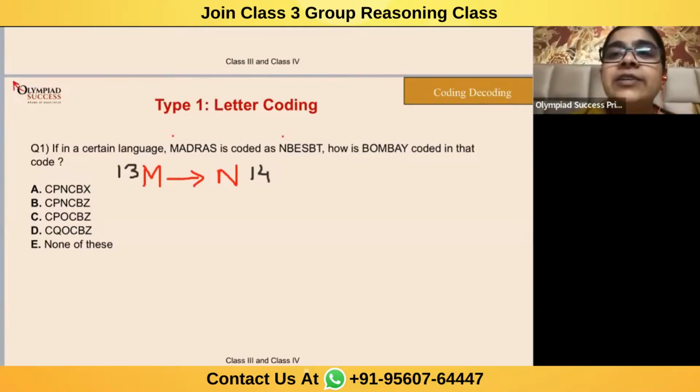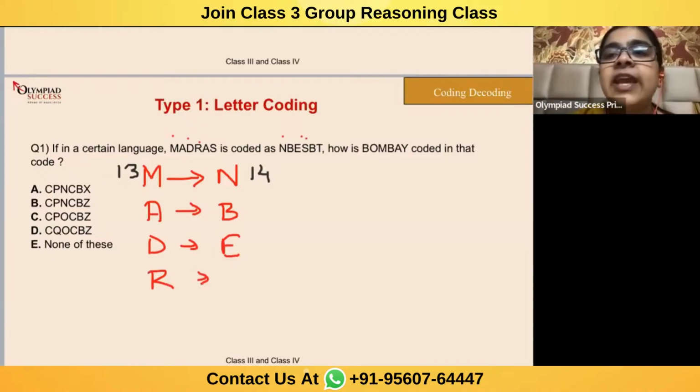Similarly, what were the other letters? A, B, D. Third letter from here is E. R is the first letter here, fourth letter is S. A, B, and the last letter is S, the last letter is T.